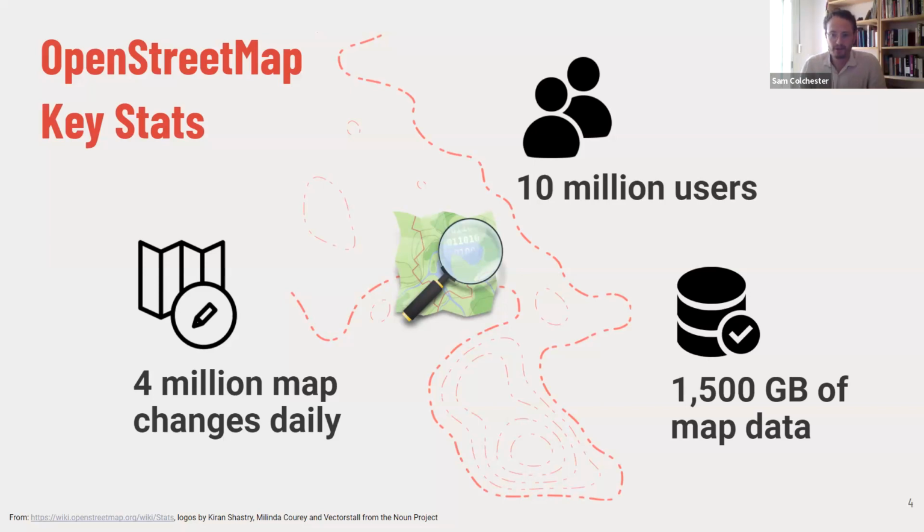Every day they are contributing about 4 million changes, map changes. And the full database, if you were to download the whole of OpenStreetMap and store it on a hard drive, it's about 1.5 terabytes, 1,500 gigabytes. Okay.